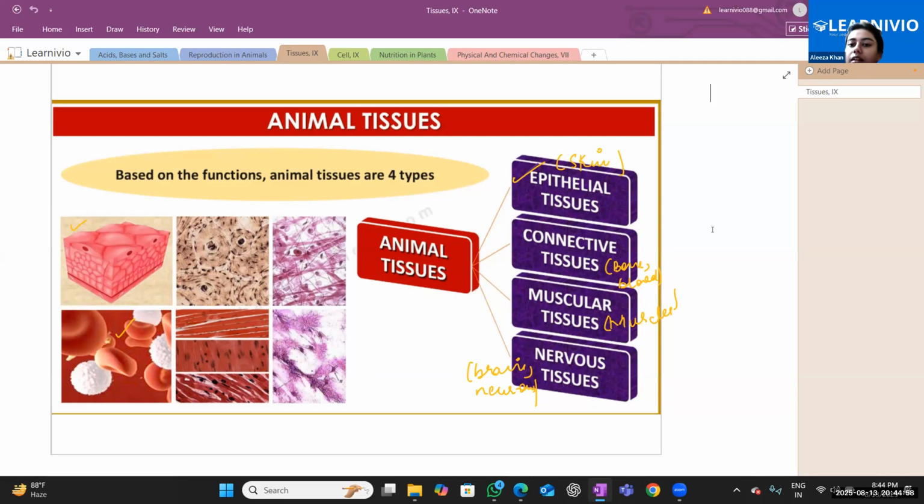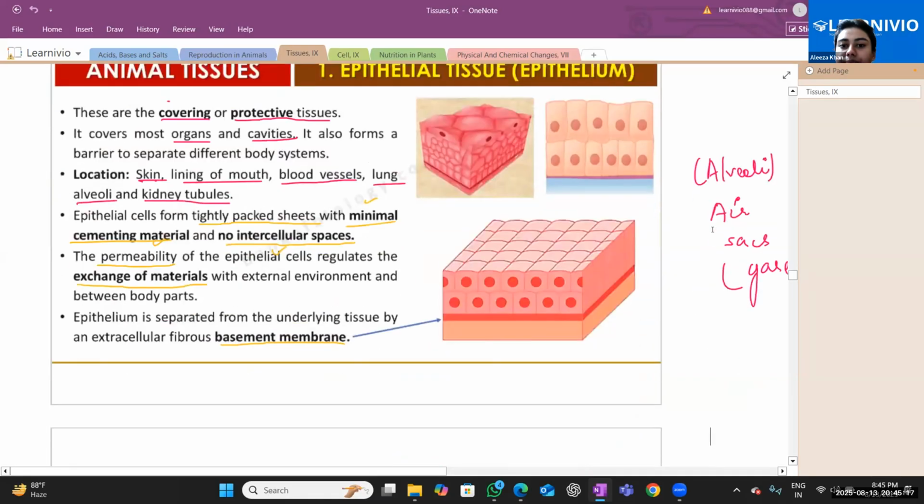Okay. Remember, where are your epithelial tissues located? In the blood vessels and in skin and lining of mouth. Lining of the visceral organs, such as lungs, skin, lining of the mouth, blood vessels, lung alveoli, kidney tubules.